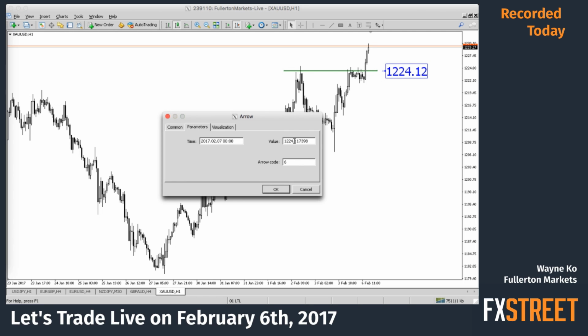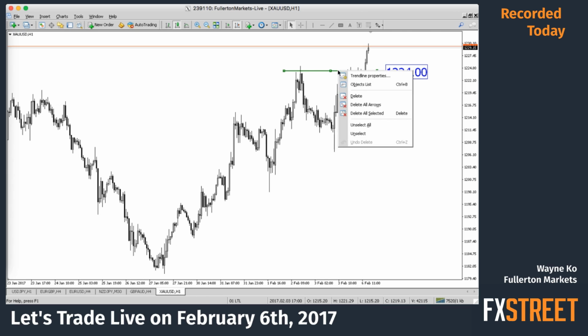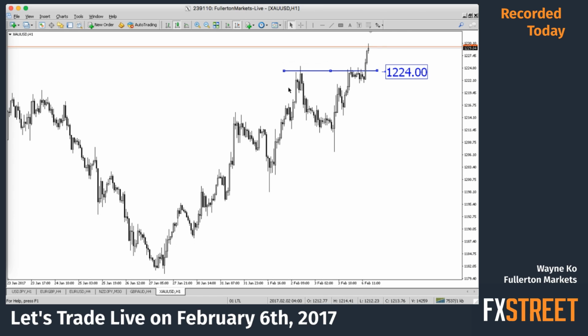The resistance is around 1224. So instead of looking at the daily chart and looking for opportunity, if I zoom down to lower time frame, I may be able to catch the trade at an earlier time.